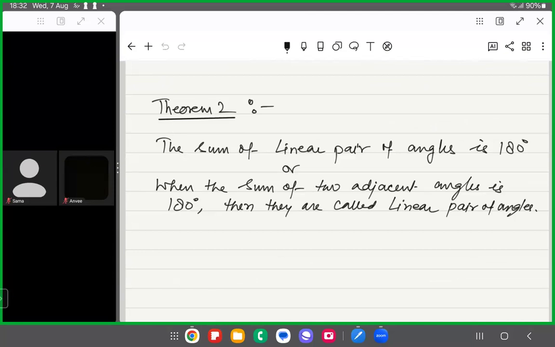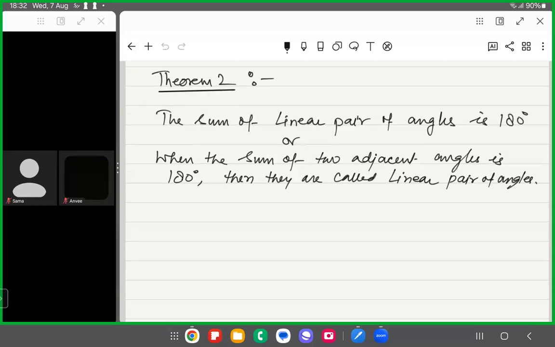So it is important to know that in a linear pair of angles, the opposite arms also always form a straight line. If they are not forming a straight line, that adjacent pair of angles is not a linear pair of angles. Are you getting that? Yes, ma'am. Sama and Anvi, is that clear?